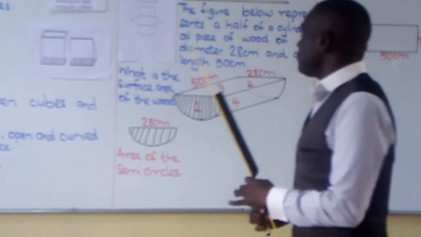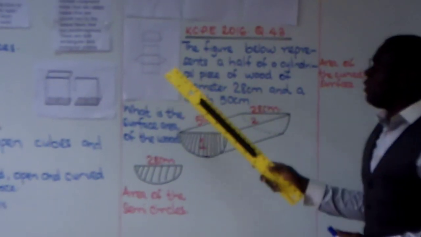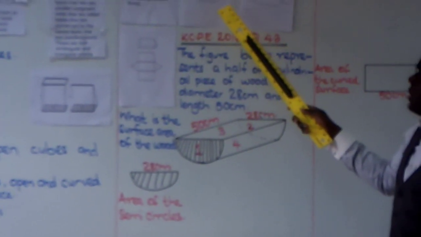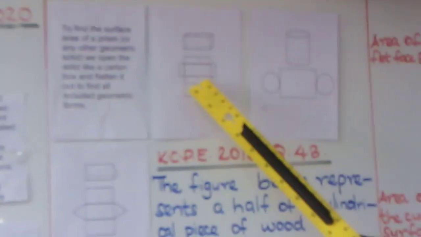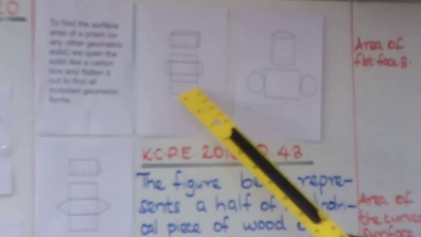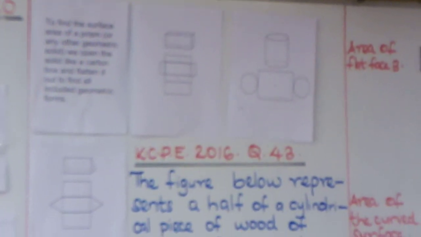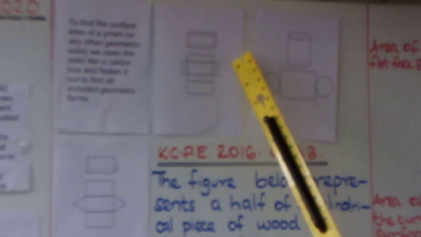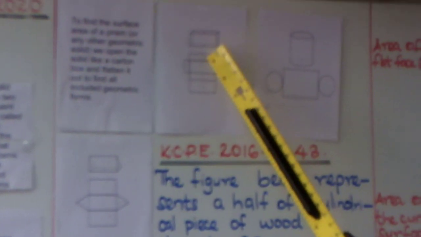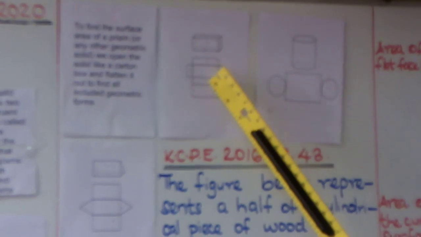Now, on the board, we have examples of how we have opened these solids. Like this is a cuboid. We have opened it, and we can count the faces. 1, 2, 3, 4, 5, and 6.